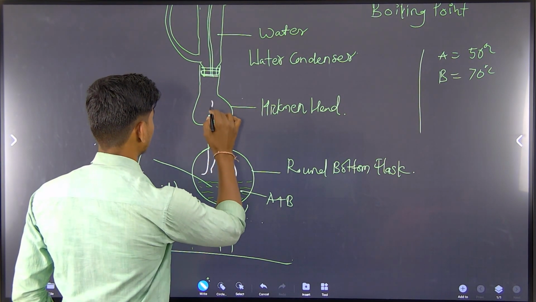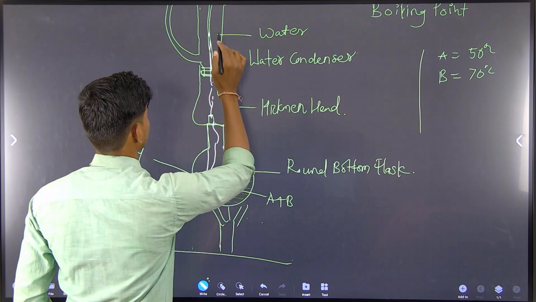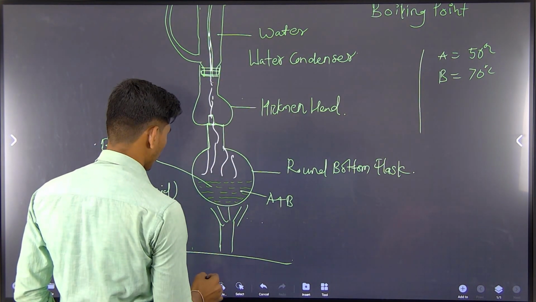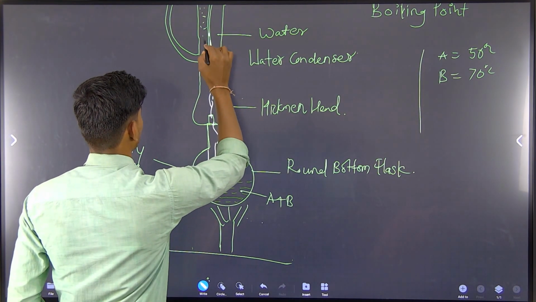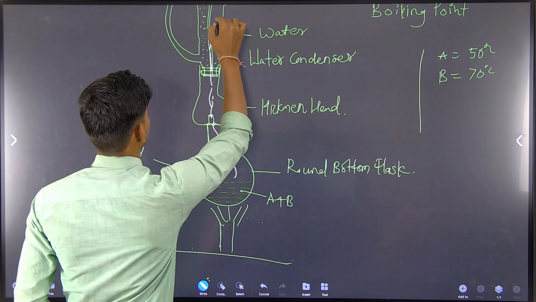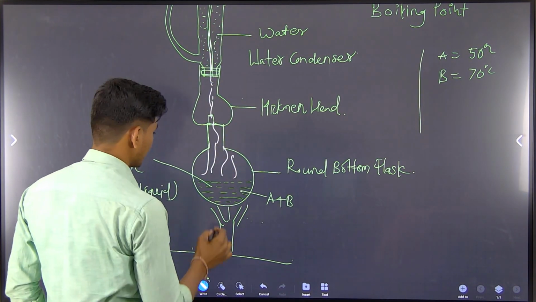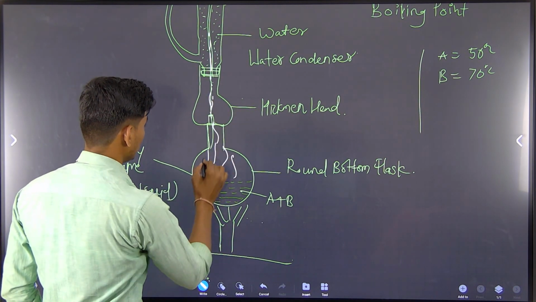the Hickman head. After the Hickman head, the vapors go into the water condenser. Because of the continuous flow of cool water, the vapors of compound A are cooled and converted into droplets.